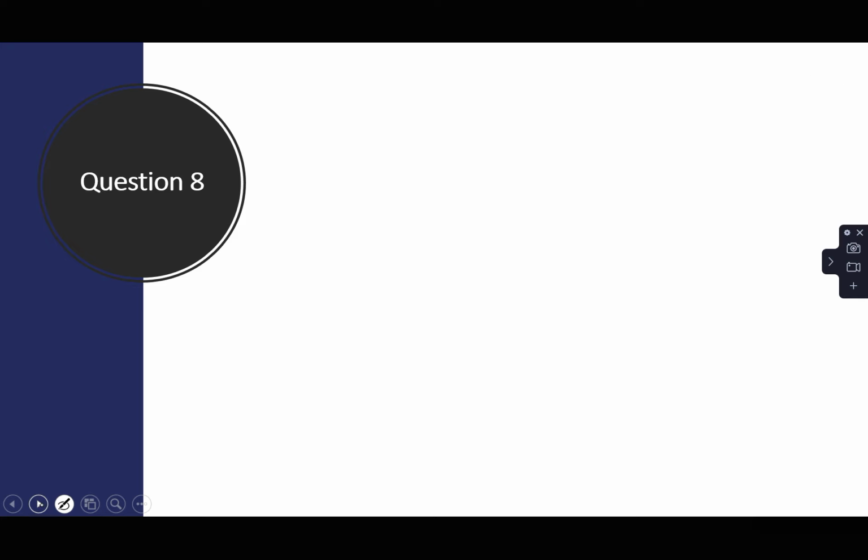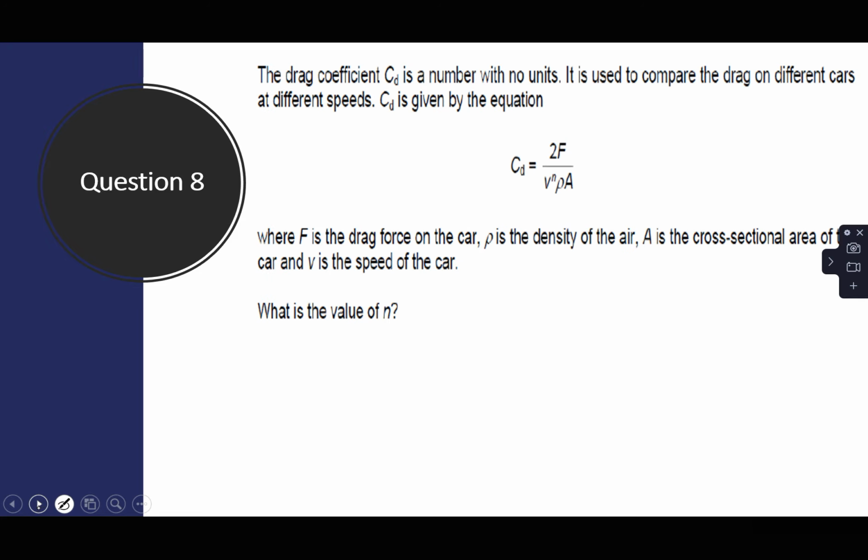Question number 8. The drag coefficient CD is a number with no units. It is used to compare the drag on different cars at different speeds.